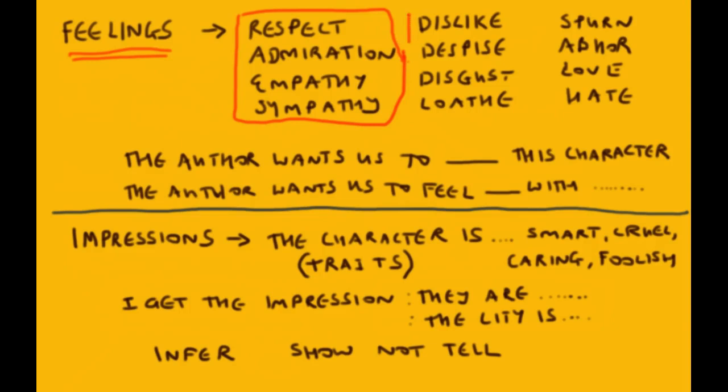There are others. I think you can extend the idea to some other feelings such as dislike, despise, disgust, loathe, spurn, abhor. Those are all negative feelings that you might have for a character or a place. Love and hate could also be substituted here.